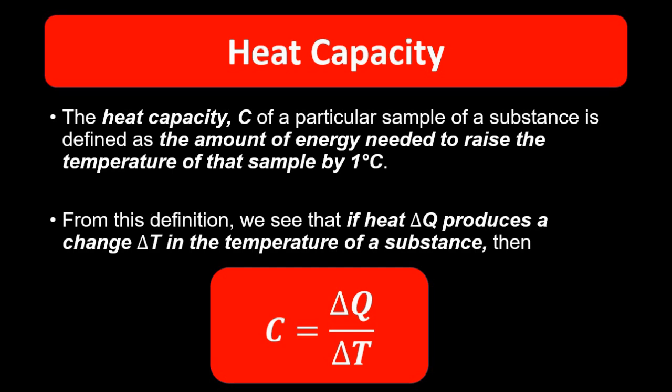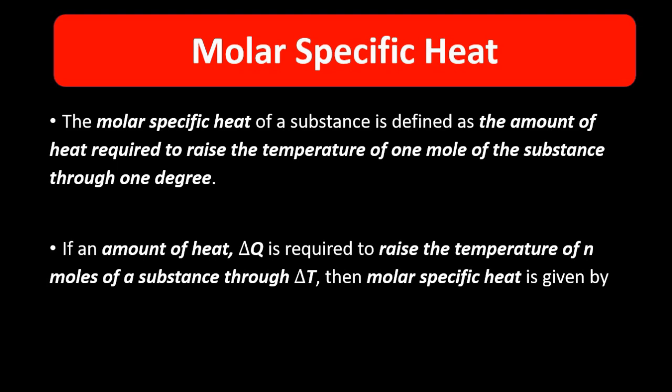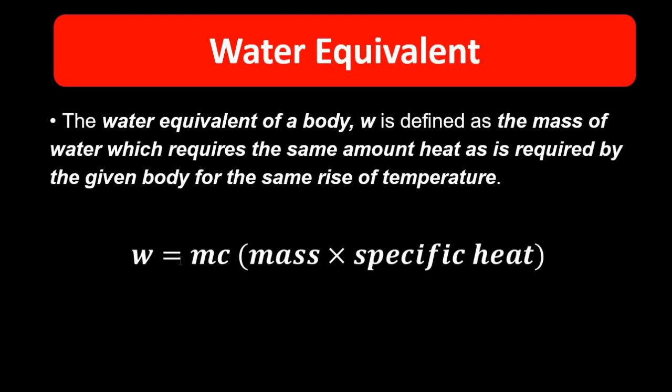So don't worry. So this is about heat capacity. Specific heat is derived from heat capacity. Molar specific heat again extends upon the concept of specific heat and heat capacity, and then water equivalent, which is basically for comparative analysis based on equivalent mass of water.